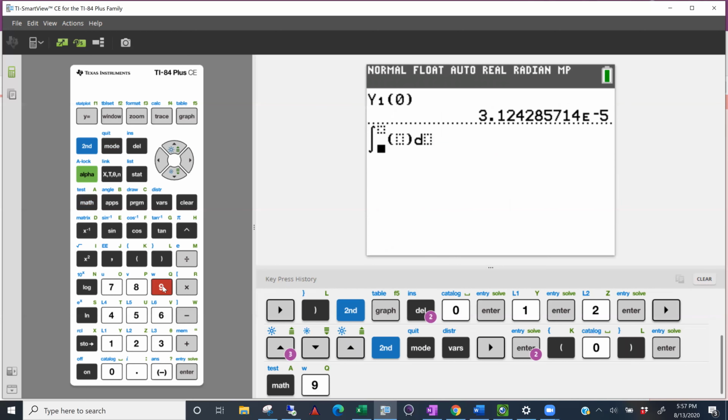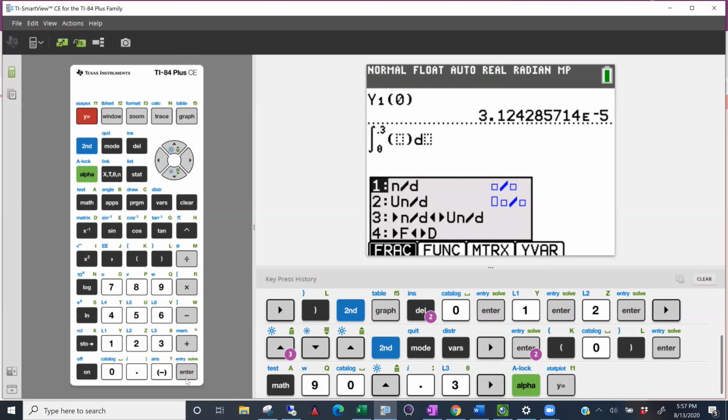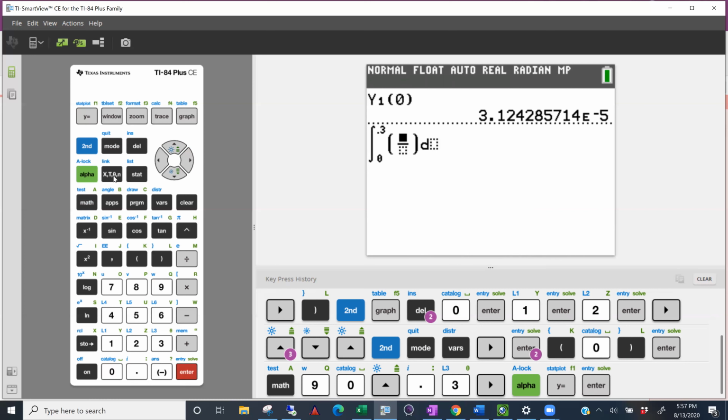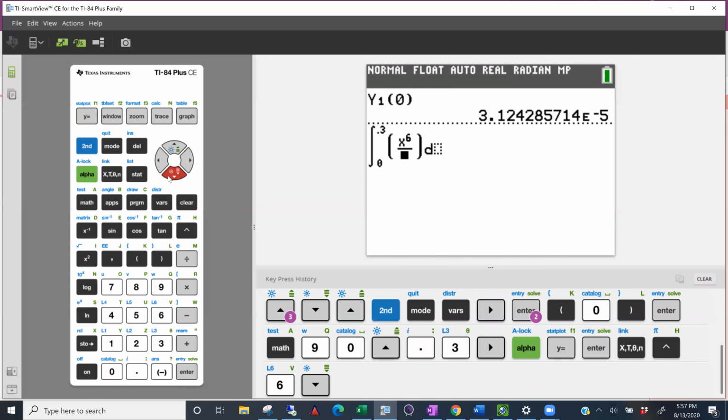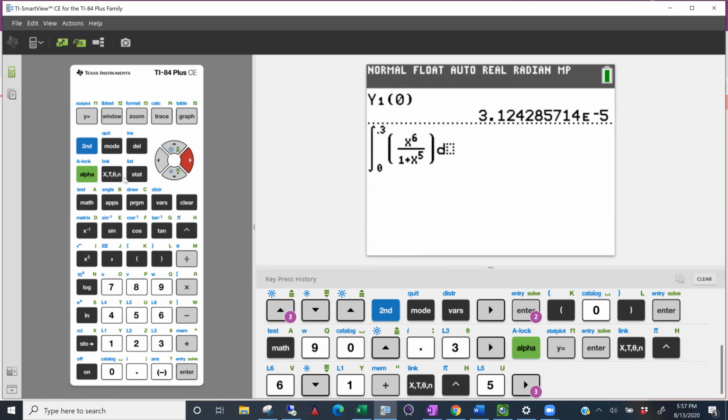How does that compare to if we just did it this way? Math 9, integral from 0 to 0.3 of, let's do a nice fraction, x to the 6th divided by 1 plus x to the 5th, and then dx. How close do we come? Pretty close. Really close.